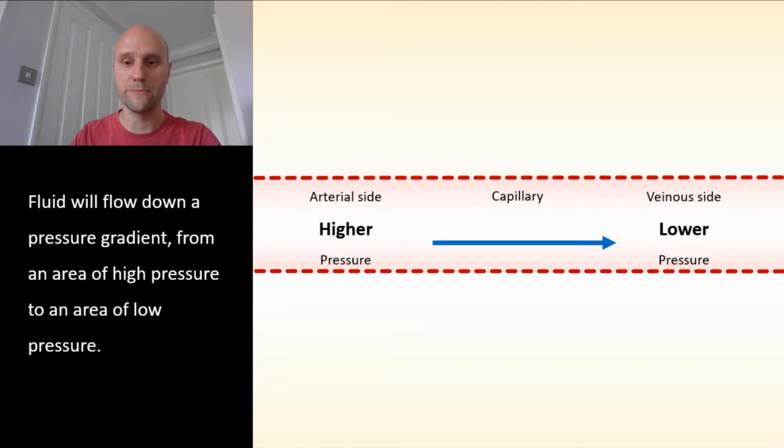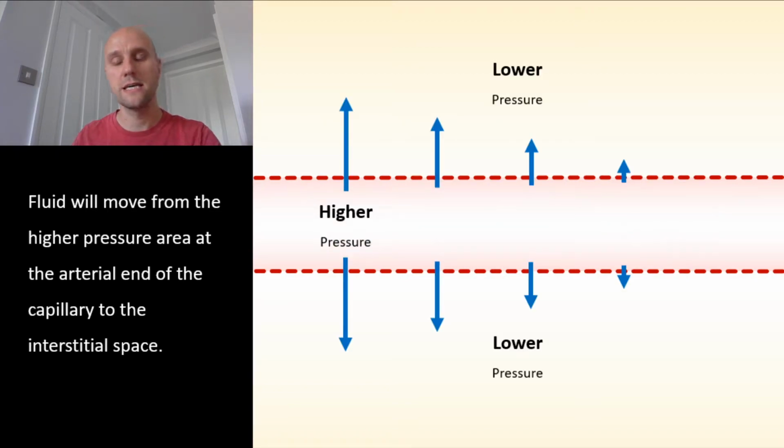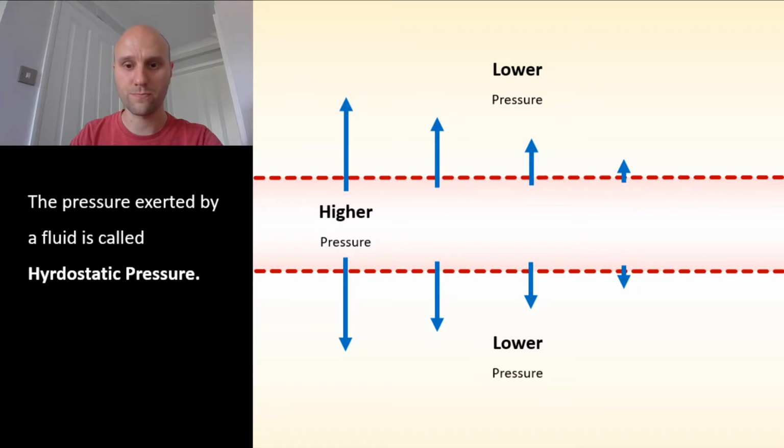So, just to recap, as we've said, fluid will flow from an area of high pressure to an area of low pressure, and within this semi-permeable membrane, so the capillary walls are permeable to water and other small solutes, where there is high pressure at the arterial end of a capillary, that will force fluid into the interstitial space, which has a lower pressure. And we call this force that's exerted by the fluid pressure hydrostatic pressure.